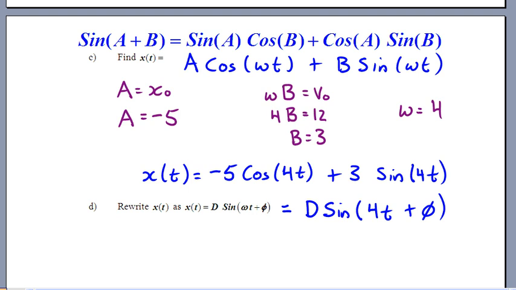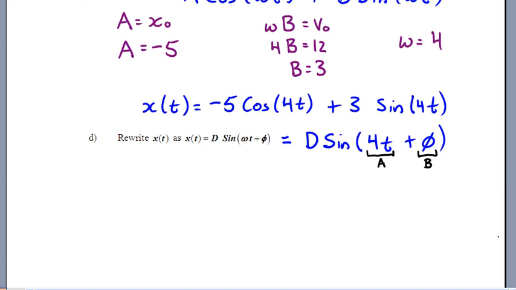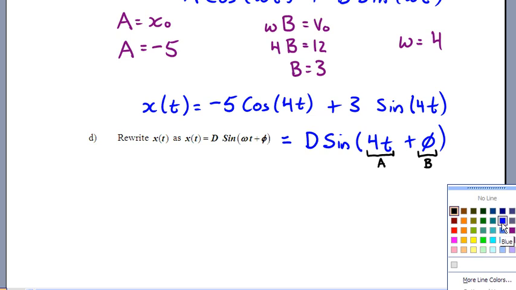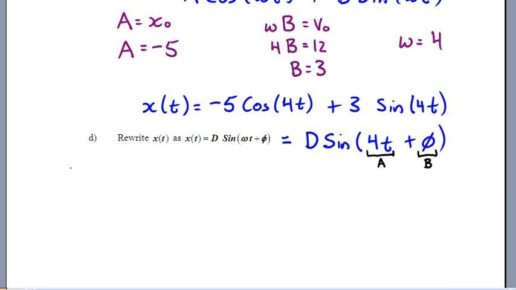So we have some value right here that's behaving like the A, and some value there that's behaving like the B. And I'm going to rewrite that using that trig identity here just for a moment. And I'm going to then try to find D and phi.